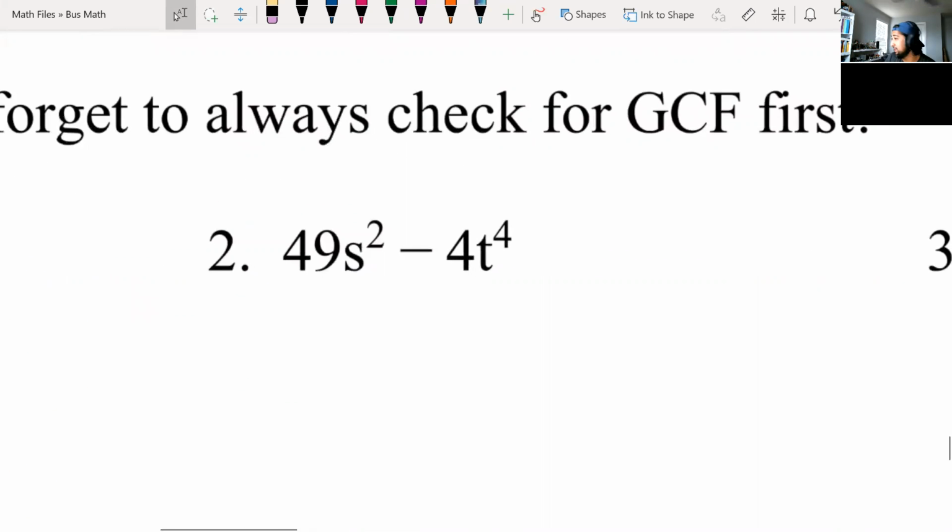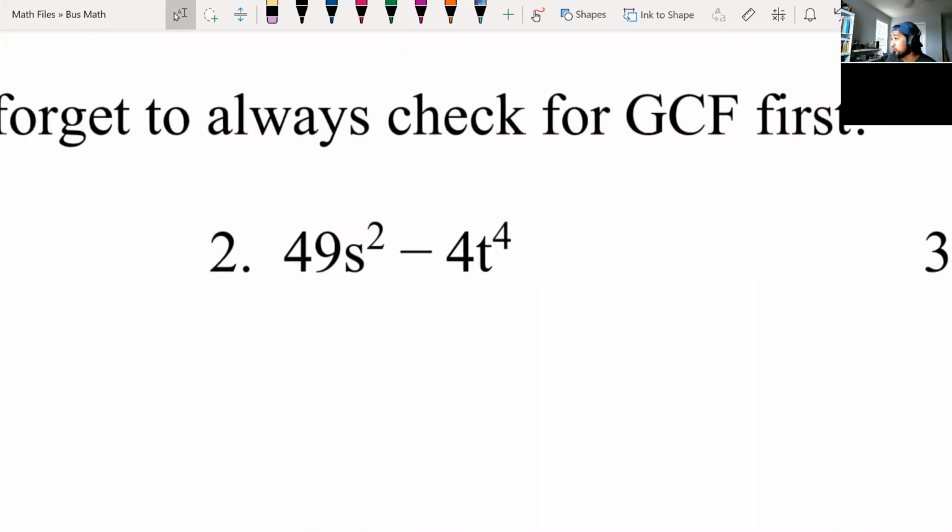It's the same exact process. We're just looking for perfect squares. So for number 2, is 49 a perfect square? Yes. Is 4 a perfect square? Yes. And definitely s squared is a perfect square. And t to the 4th is a perfect square.